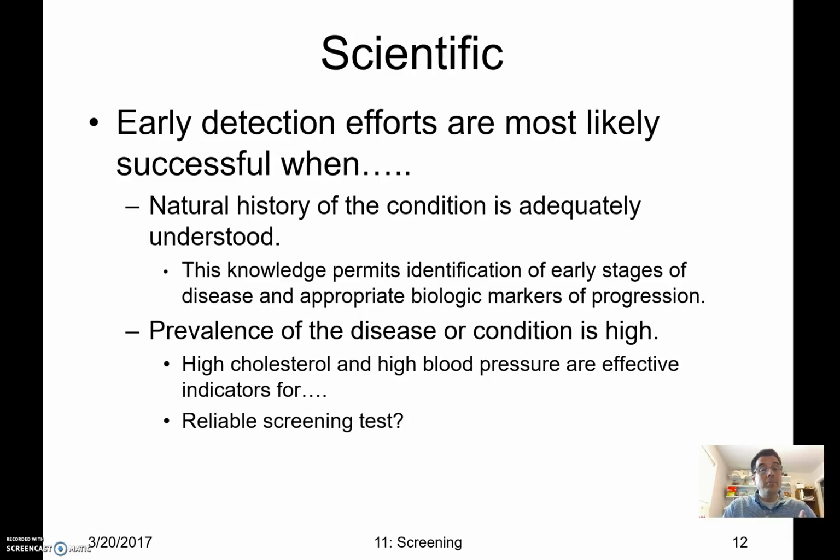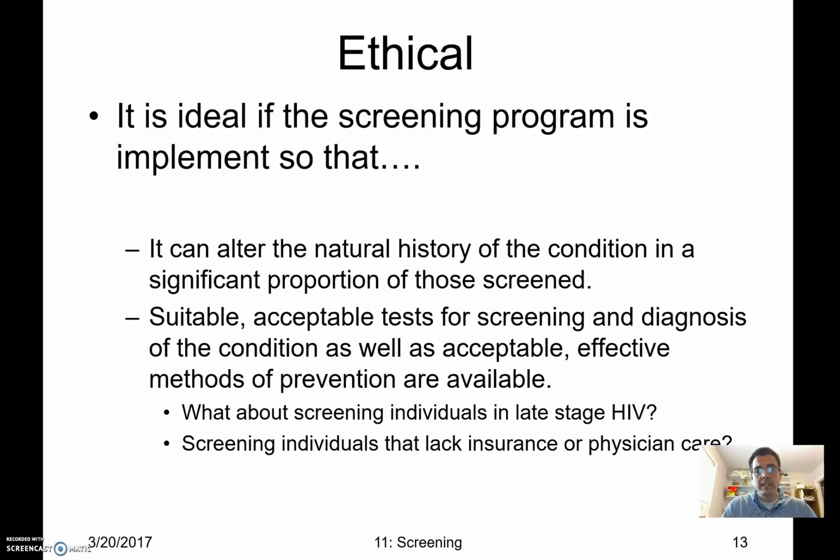For example, we know that high cholesterol and high blood pressure are effective indicators for heart disease. And with having lots of individuals that have high blood pressure or high cholesterol, a lot of data has been collected to determine that that is a good indicator for heart disease, and it provides a reliable screening test.